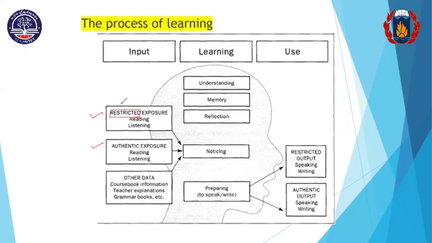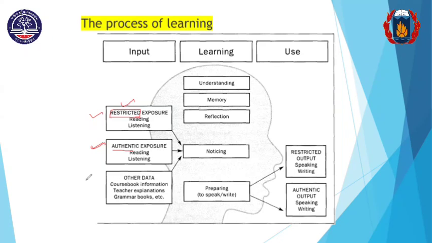So sometimes it is not enough to get the restricted exposure from the lesson in the course book. So at that time, we can give the students authentic exposure, maybe a real conversation or some listening transcripts that they need to use in their real life. That means authentic. So we need to give not only restricted exposure, but also authentic exposure.